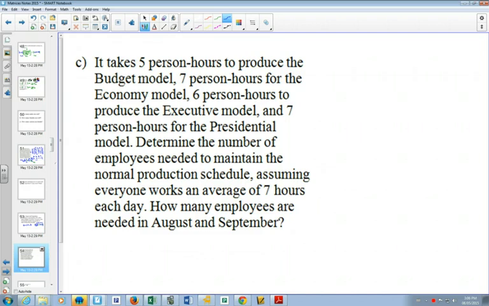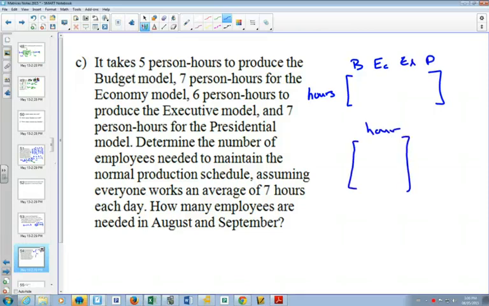Now the matrix that we could make it this way: hours, and then budget, economy, executive, and presidential. Or we could put the hours here: budget, economy, executive, presidential.